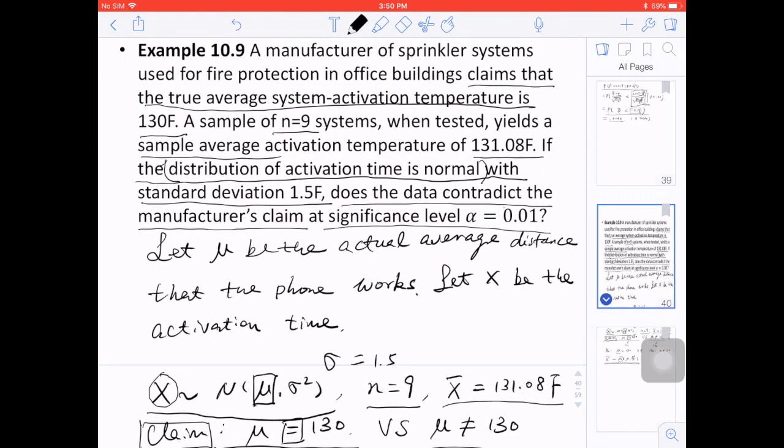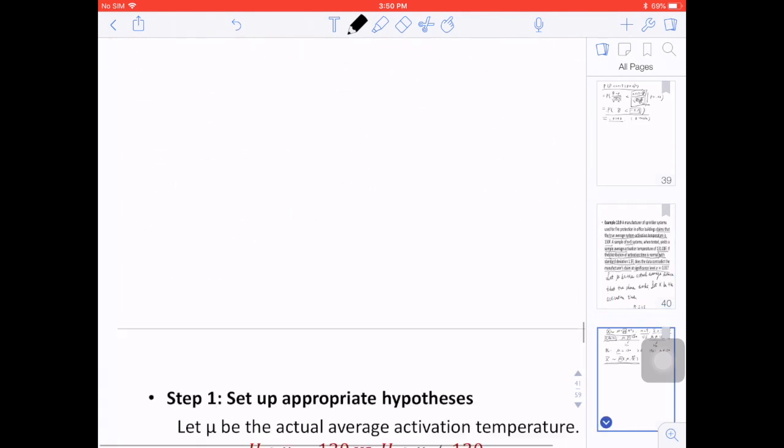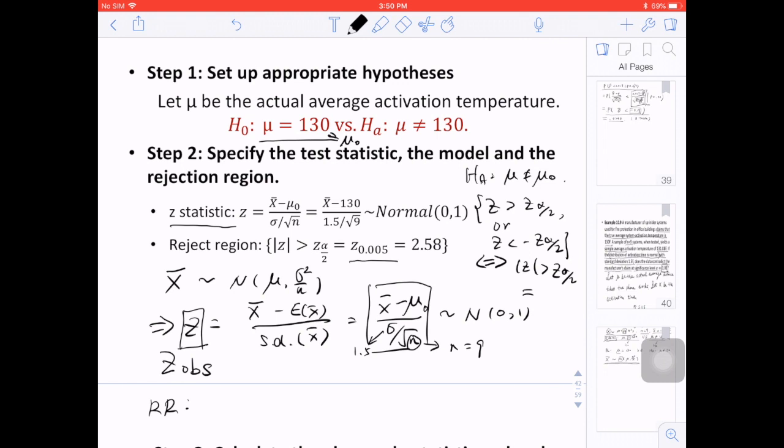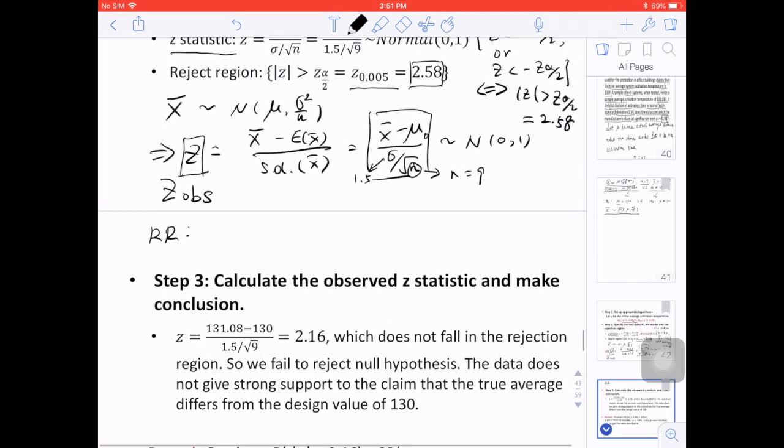Alpha is 0.01, so alpha is 1%, and alpha divided by 2 should be 0.005. So you can find this critical value from the z table, which is 2.58.